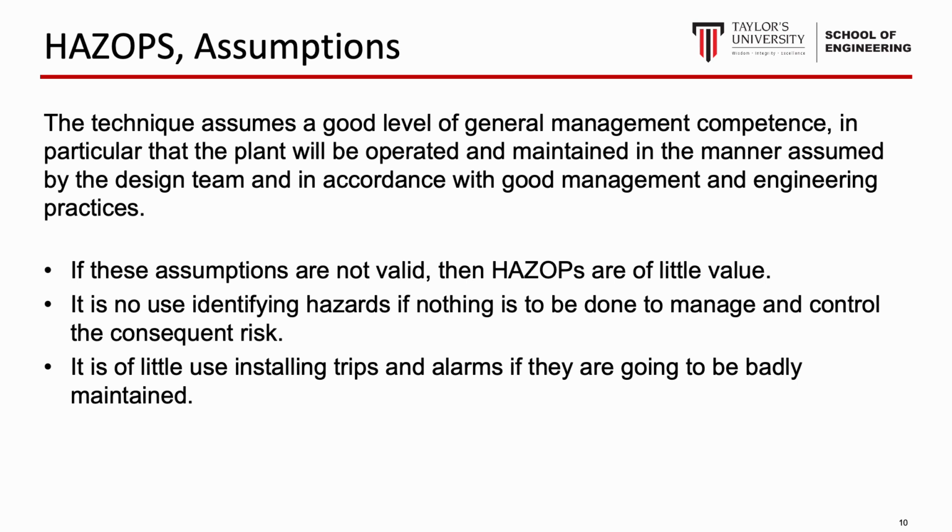So it's of little use installing trips and alarms if they are going to be badly maintained. Meaning in HAZOP, we want to avoid just putting in alarms, because from the previous experience that I have, students love to put in alarms as part of their HAZOP analysis, or it's a fresh engineer. They just like to put in alarms. So imagine flow rate high, you have an alarm, flow rate low, you have an alarm, and you have 500 pipes lying in the production.